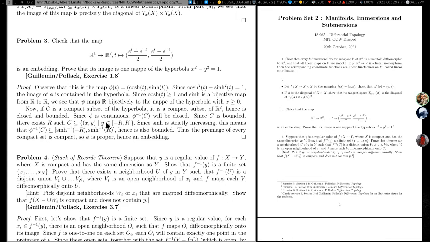I might be relying on my intuition about what an embedding means, but I'm thinking of things that aren't embeddings as pathological things, like the curve wrapping around the torus that we talked about in class. This is just a nice smooth image of a hyperbola. There's nothing weird going on, so why are we having to work so hard? I don't know.